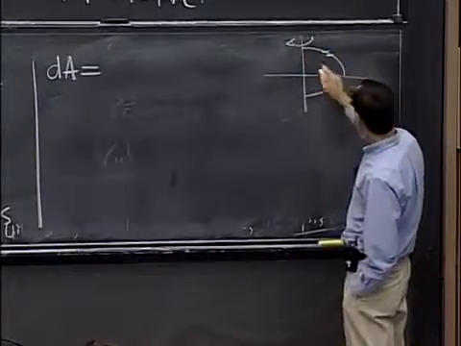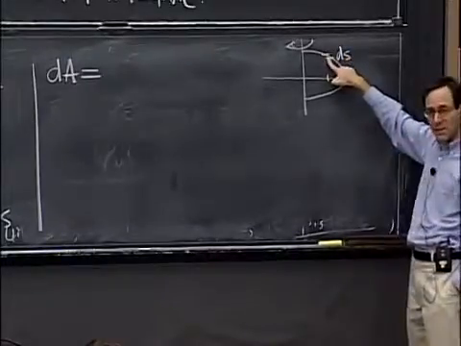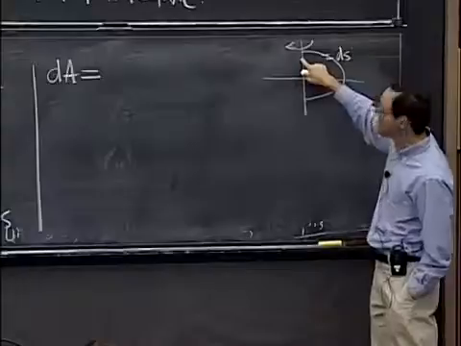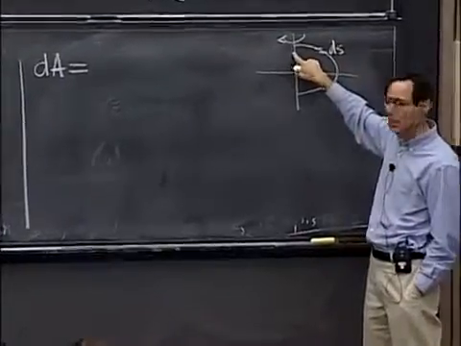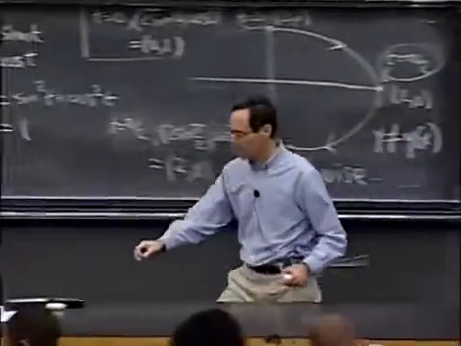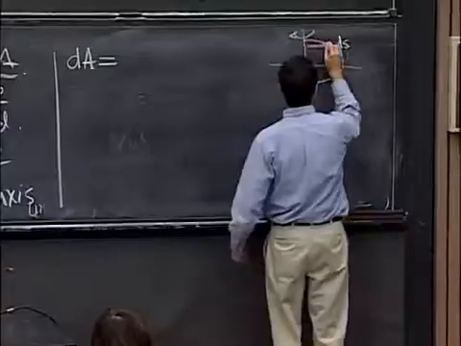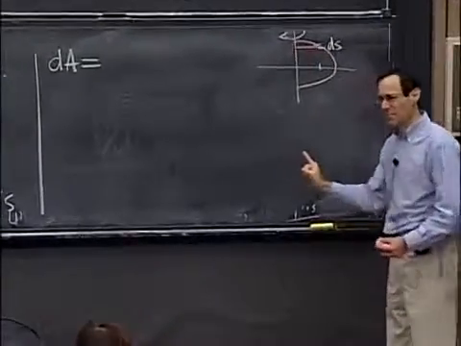And the important thing you need besides this ds, this arc length piece over here, is the distance to the axis. So that's this horizontal distance here.